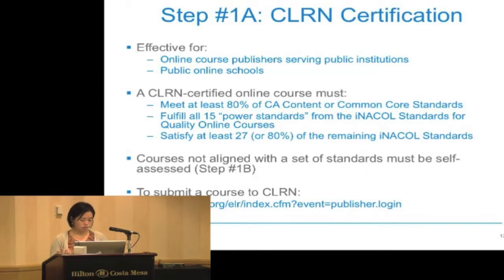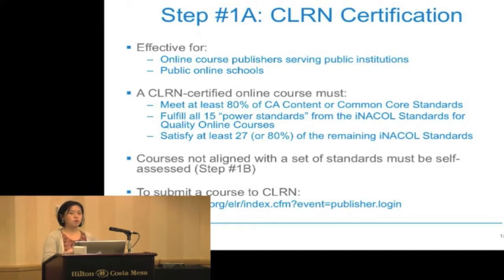So this would be in the case, for example, of courses that fall into let's say the social sciences like psychology or sociology, or in the college prep elective areas. And that's because the main subjects that CLRN will review are history, government, economics, English, math, science, the world languages, and CLRN will also review the visual and performing arts courses.